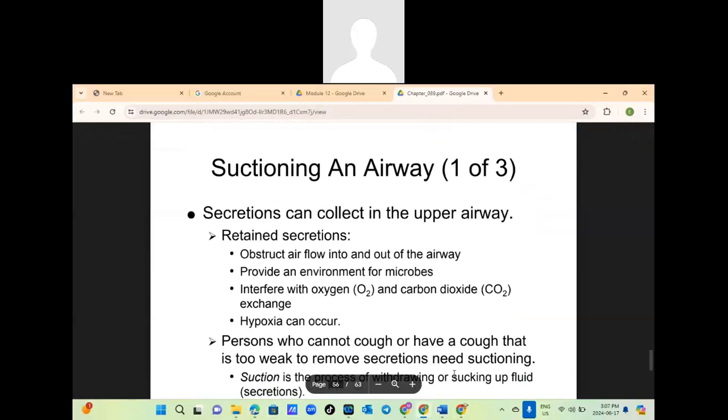Now, suctioning an airway. Secretions can collect in the upper airway.